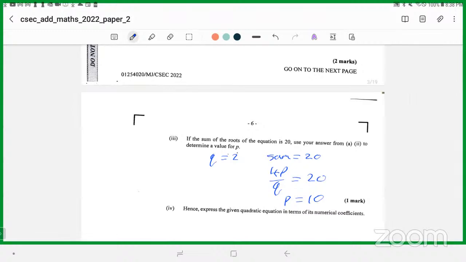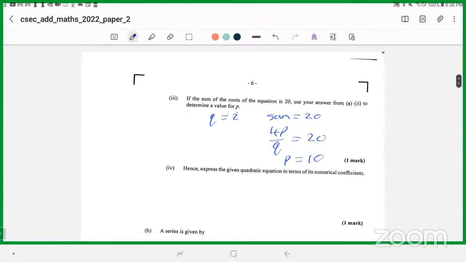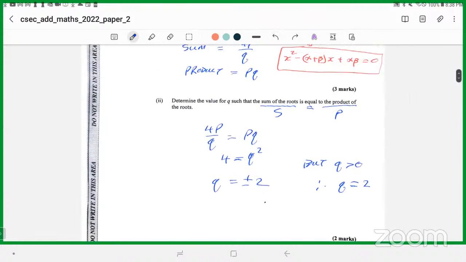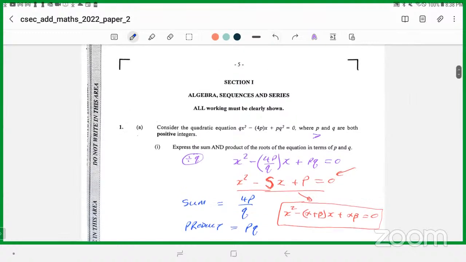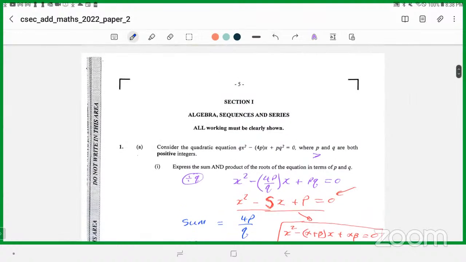All right, good. So P equals 10 and Q equals 2. Hence, express the given quadratic equation in terms of numeric coefficients. The given quadratic equation, what did they give us? They gave us this guy up here. So we need to put in the values. I'm going to write it out and carry it down. They gave us Qx squared minus 4Px plus PQ squared equals 0.